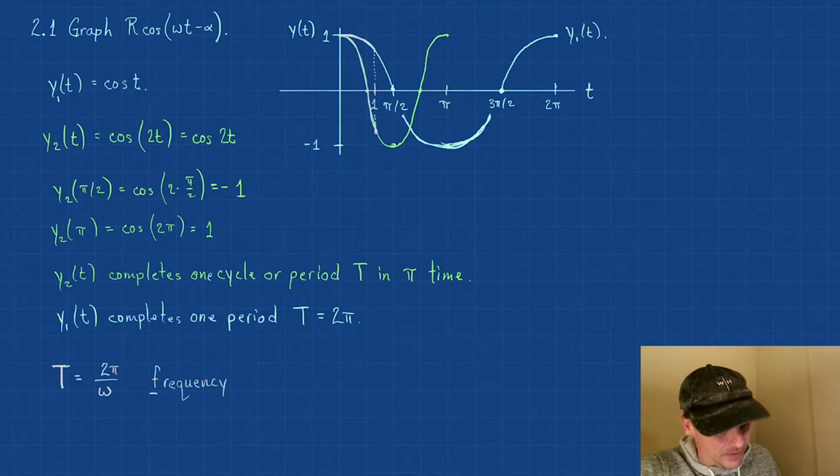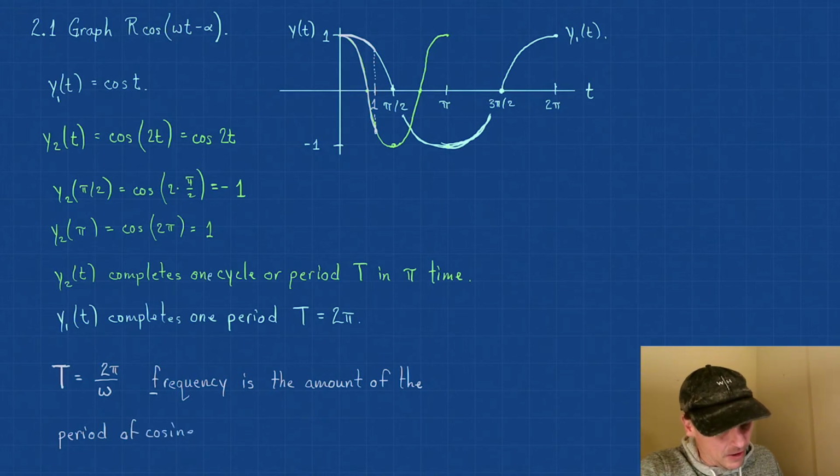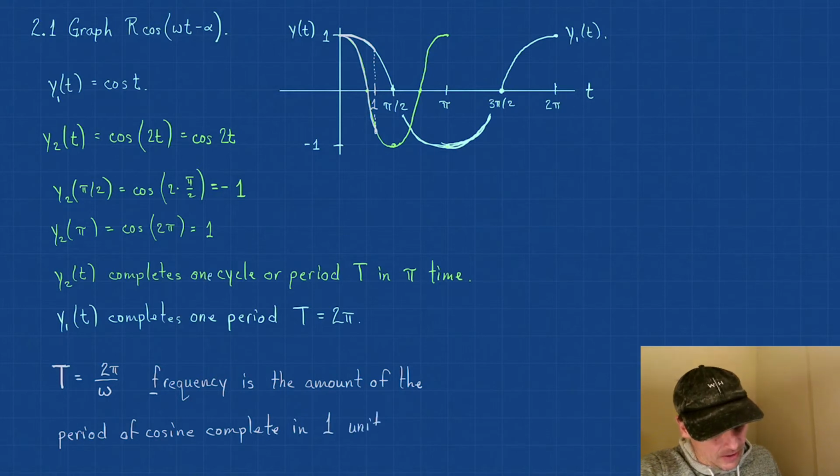But so the frequency is the amount of the period of cosine, and it works for sine and tangent, cosine completed in 1 unit of time.